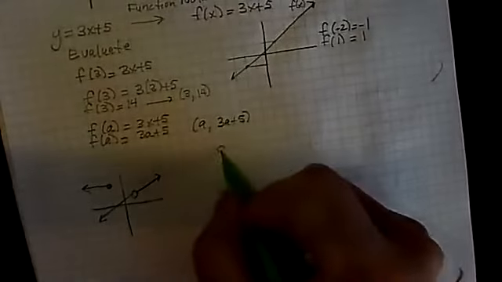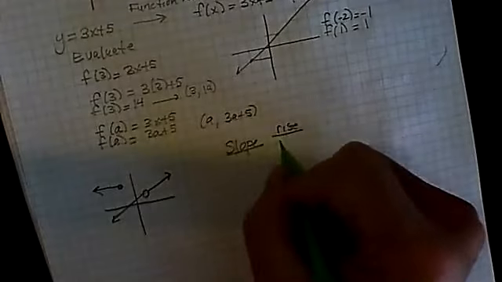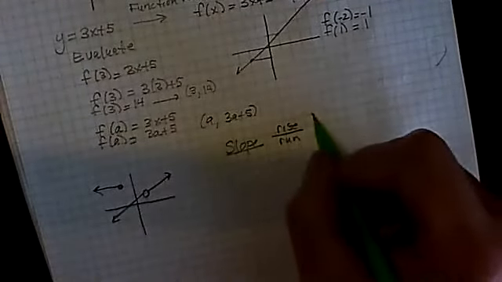We're going to talk a little bit about slope now. Okay, and so slope is just a measure of a line's, like how much it rises, the distance that it travels up or down, the y-axis, divided by the run. So it's the rise over the run. And the rise is your y values.